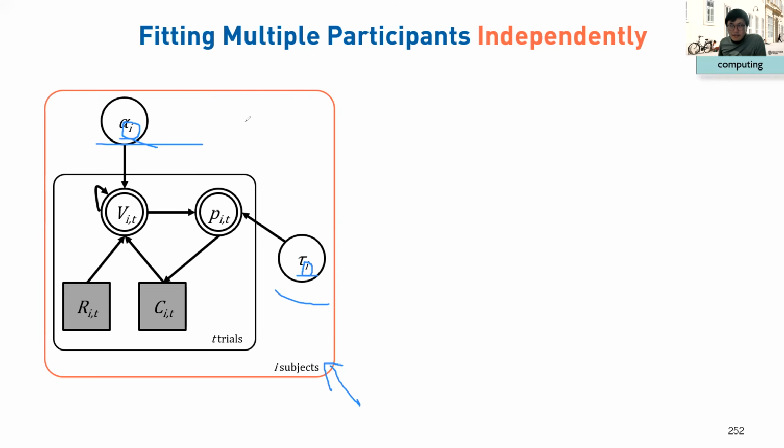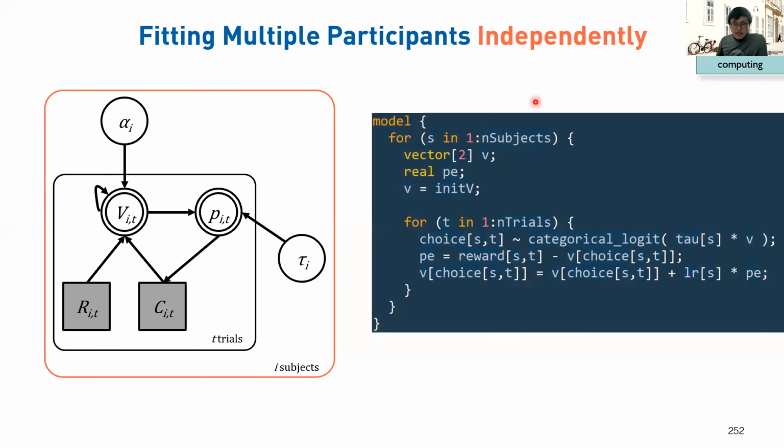Meaning that if we have 10 participants, we will have 10 learning rates and 10 softmax inverse temperature parameters, the tau parameter. So essentially, all of the data are fitted independently. They have their own individual differences, and everyone could have their own learning rate and tau parameter, softmax temperature parameter.